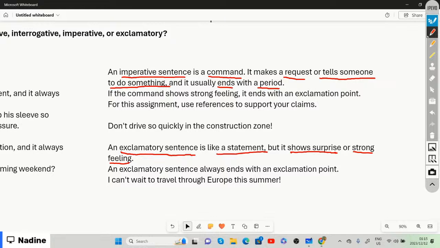So an exclamatory sentence always ends with an exclamation point, and this is an exclamation point. If we look at the examples, it says, I can't wait to travel through Europe this summer.